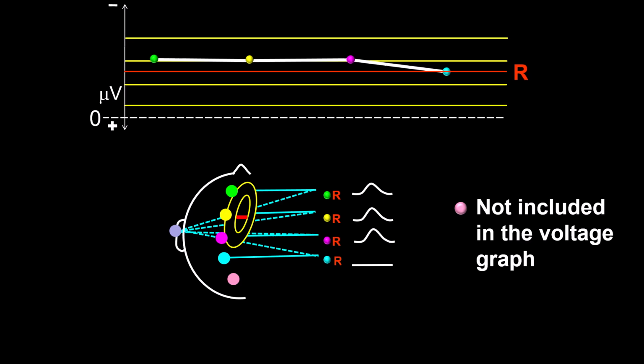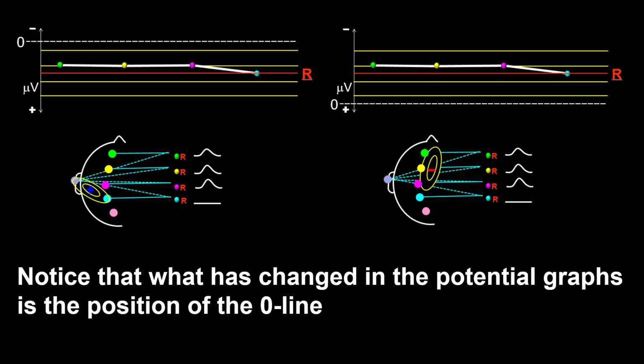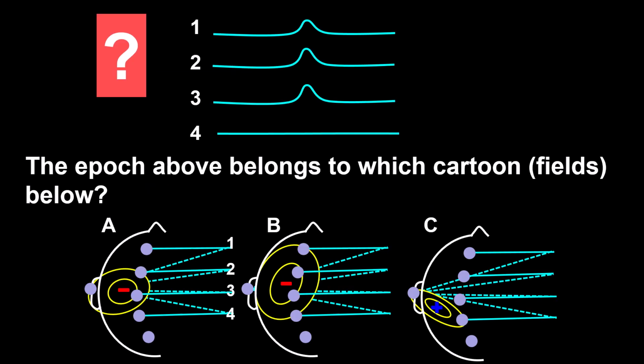Notice that despite the similitude between the waves, the isopotential map and the voltage graph for each of these fields are very different. Notice that what has changed in the potential graphs is the position of the 0 line. So the answer to this question is C.